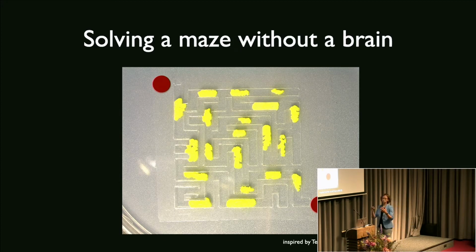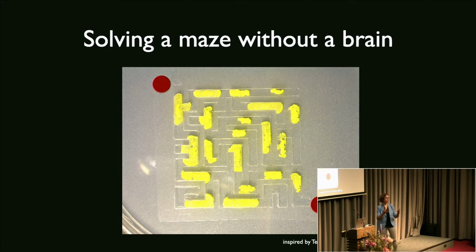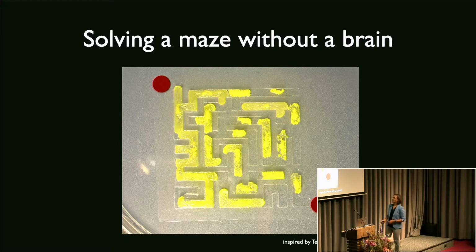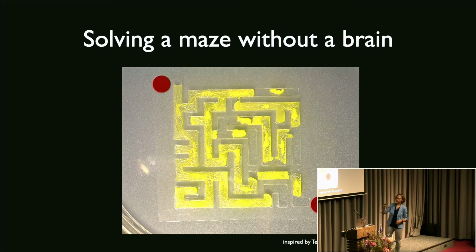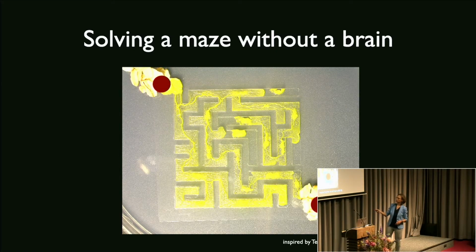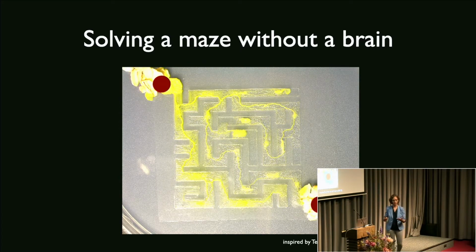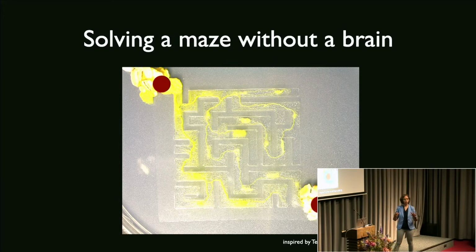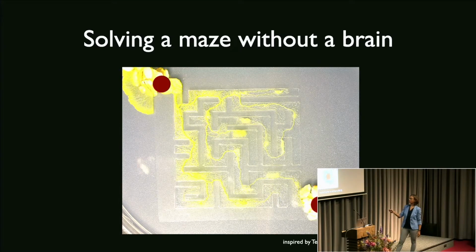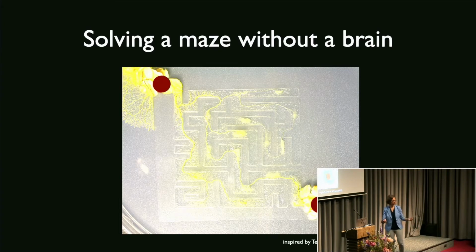These yellow dots will merge into a single, gigantic cell, and we're going to guide the single cell by marking the two exits with its beloved food source, oat flakes. Over time, this single cell reorganizes its morphology such that there's only a single connection left that's actually tracing out the shortest connection between the two exits. So a single cell can solve the maze.